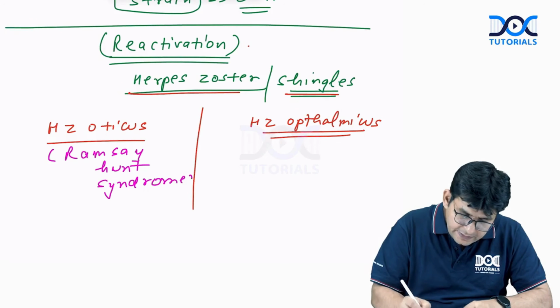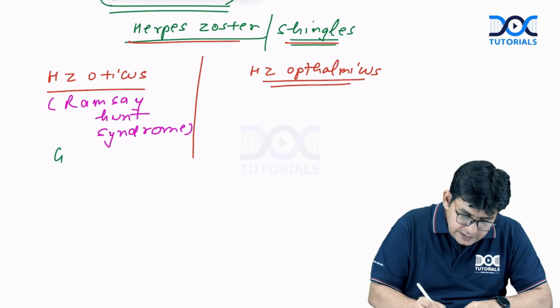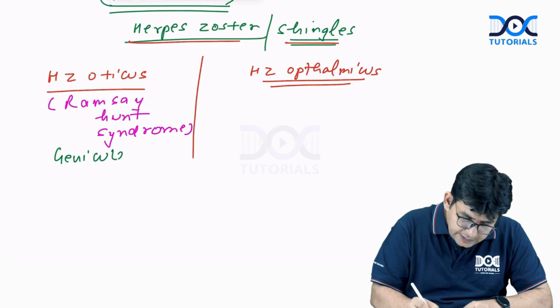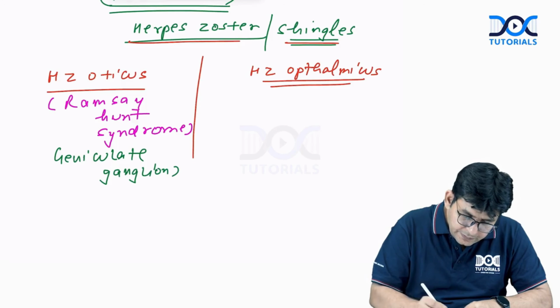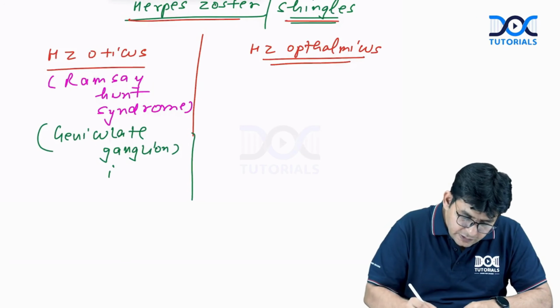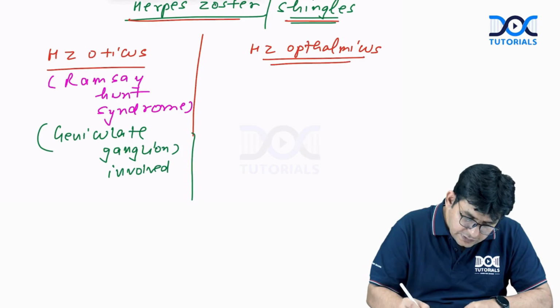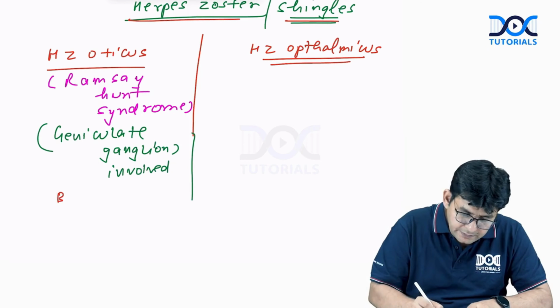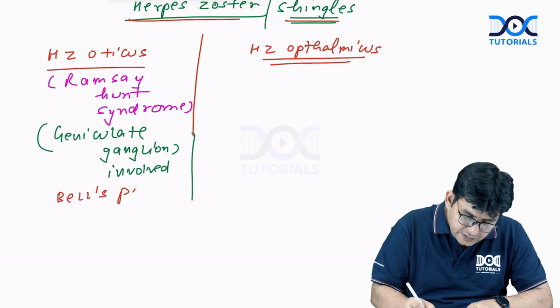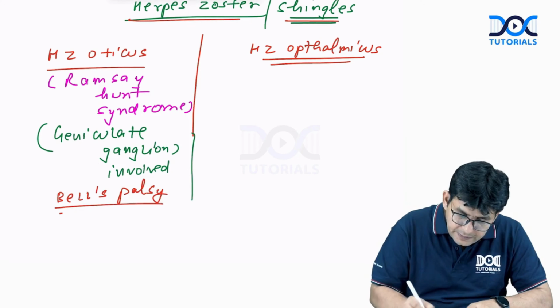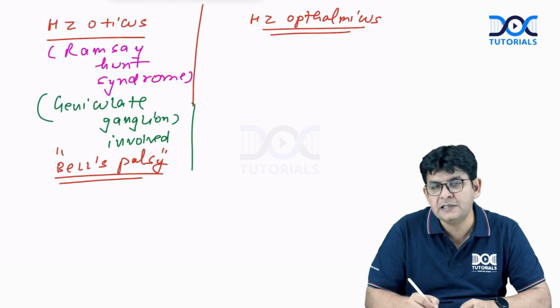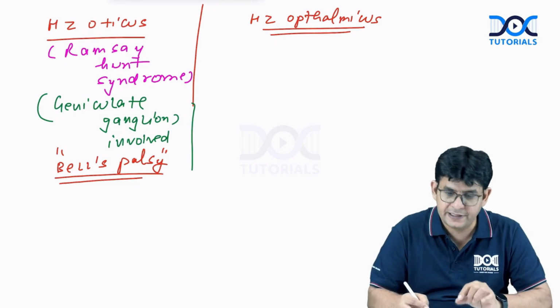In Ramsay-Hunt syndrome, the geniculate ganglion is involved, and it leads to which palsy, guys? Bell's palsy.